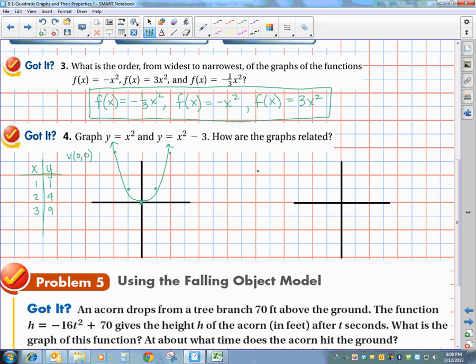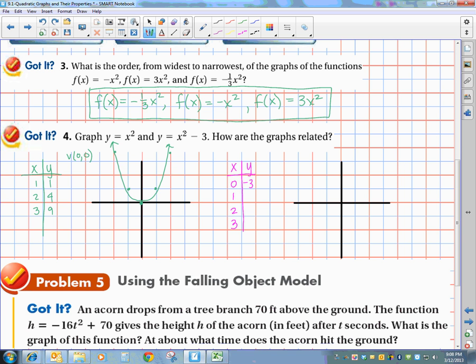Alright, and now we're going to look at y equals x squared minus 3. Just to make sure you remember how to do this, and then we'll generalize it, let's plug in some points. Let's plug in 0, 1, 2, 3. If you put 0 in, you get 0 squared, which is 0, minus 3, or negative 3.